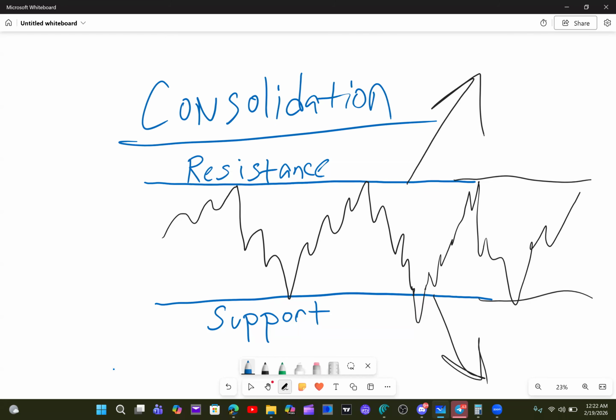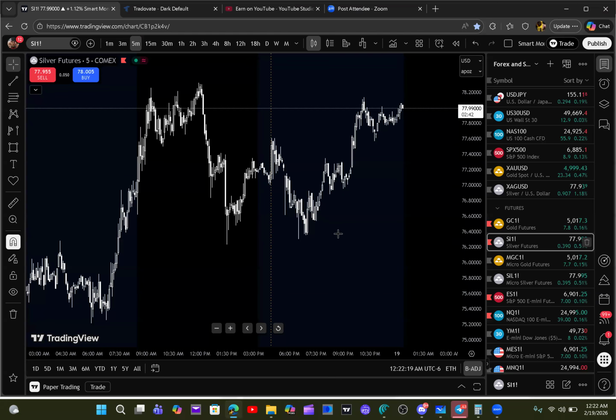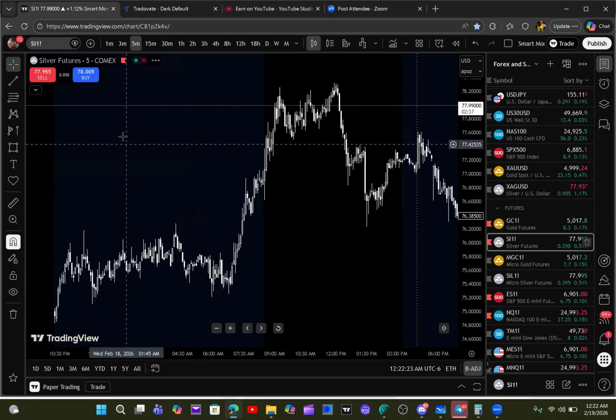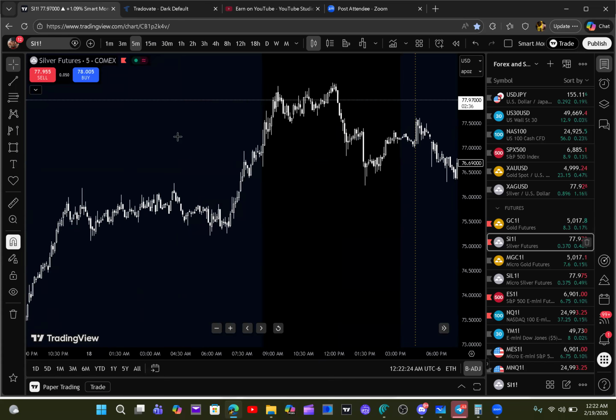So let's go to the charts right quick and take a look. If we're looking at this, this is silver futures right here. Trying to get this zoom thing off of here. Oh, I got it.